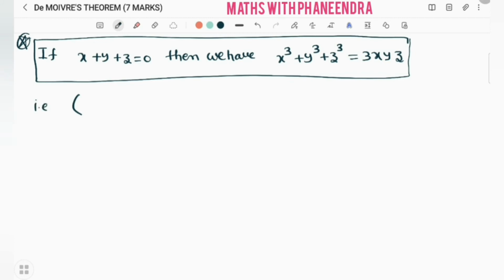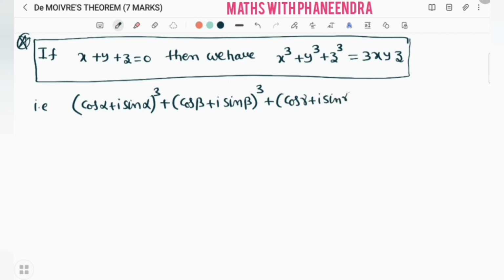That is (cos alpha plus i sin alpha) whole cube, plus (cos beta plus i sin beta) whole cube, plus (cos gamma plus i sin gamma) whole cube is equal to 3 times (cos alpha plus i sin alpha), (cos beta plus i sin beta), next into (cos gamma plus i sin gamma).